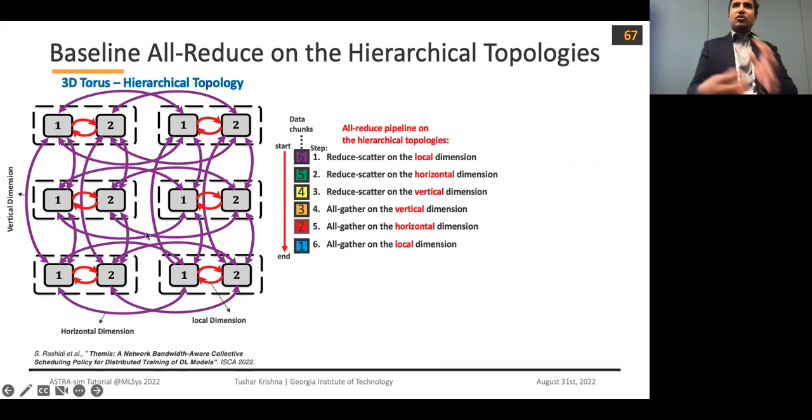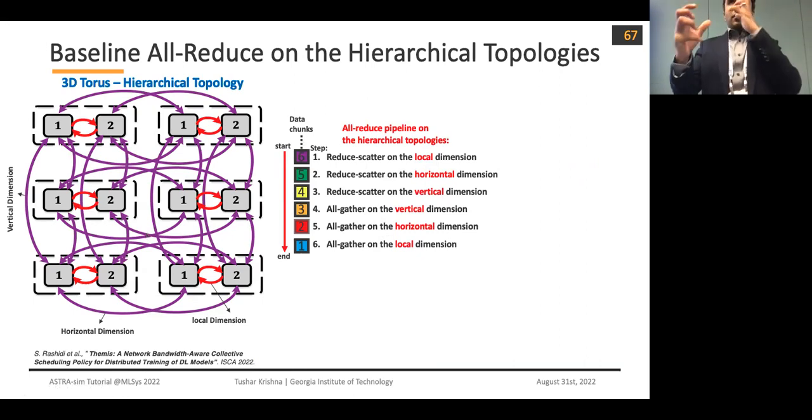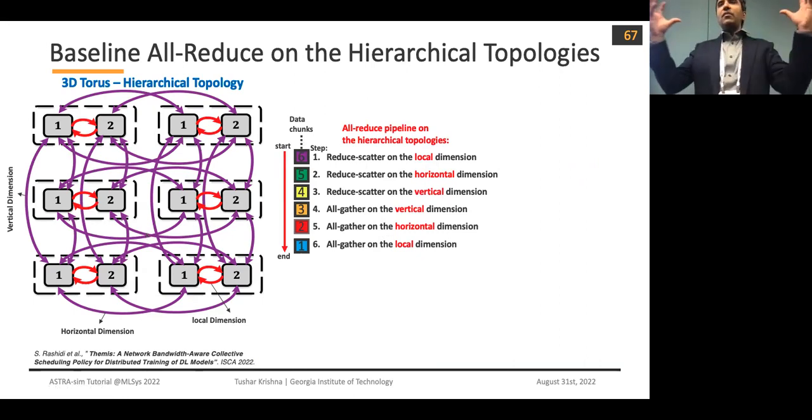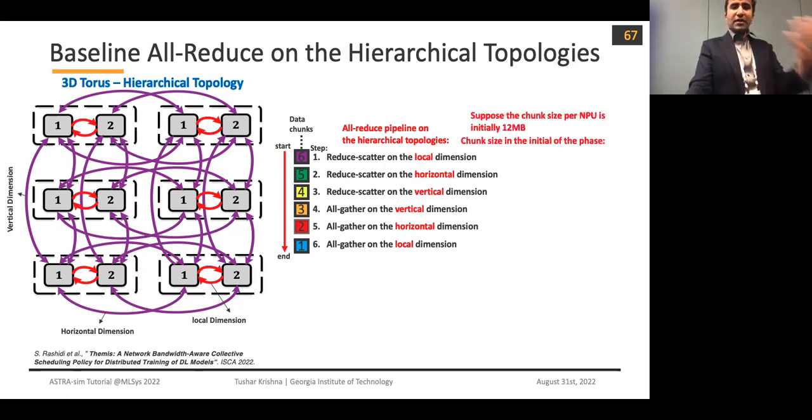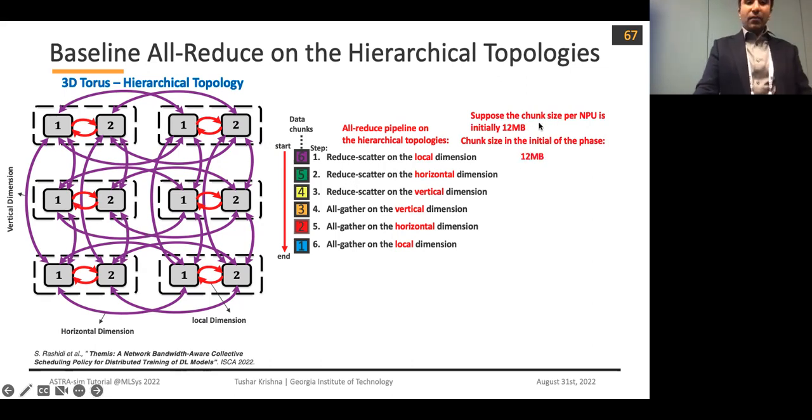Now, one challenge that comes in here is, remember, as you're doing a reduce scatter, as you're doing a reduction, the size of the message keeps going down, right? Because you're accumulating it along the way, which means some challenges you could get into are things like this. This is something we actually demonstrated in our recent ISCA paper, where suppose the chunk size is initially 12 megabytes.